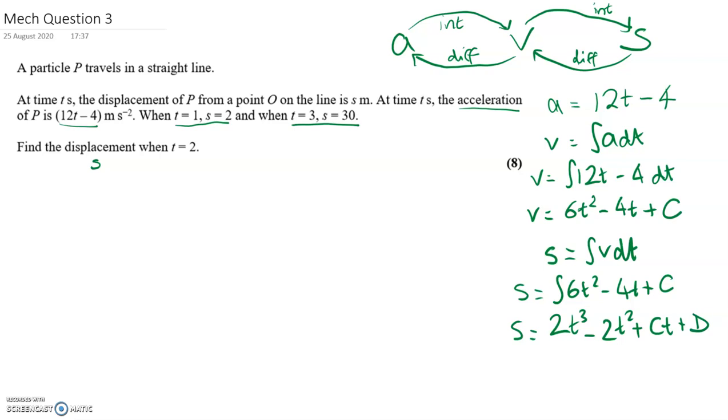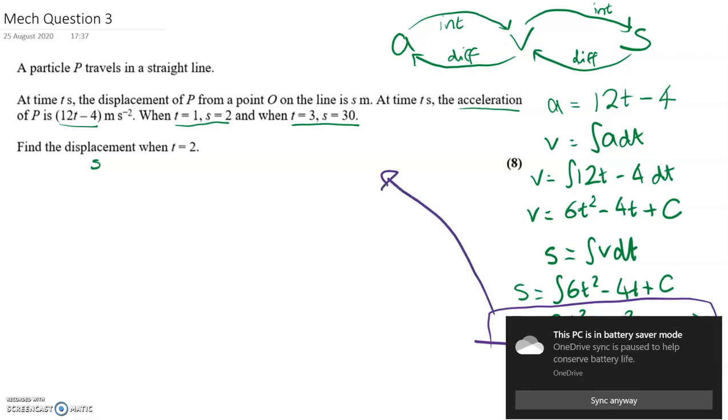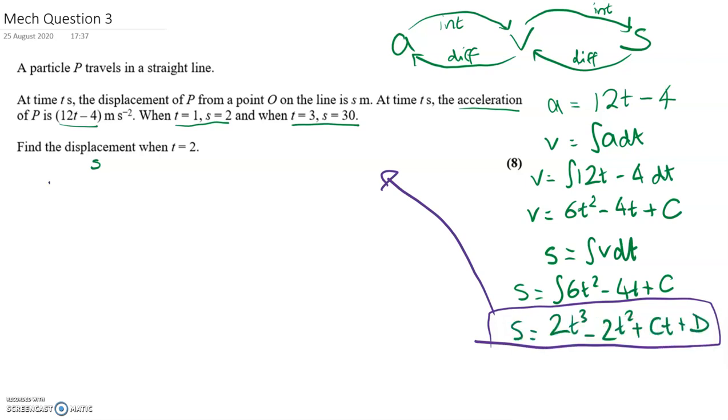Now, this is where we need to use these initial conditions. So plugging those in will help us to work out what c and d are. Okay, so we've got t equals 1, s equals 2. Let's plug those in first.